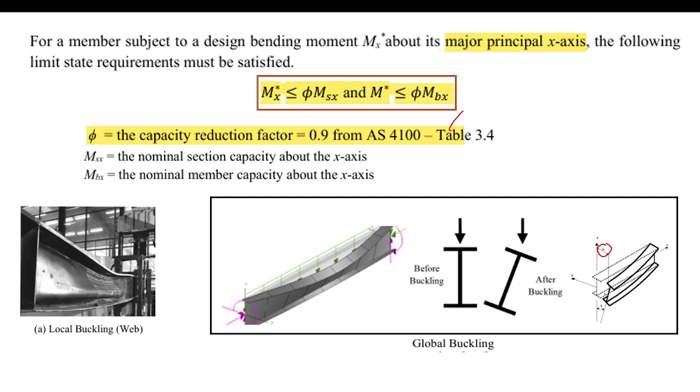The translation and the rotational movement happen simultaneously, and this is attributed to global buckling. When the local buckling happens, it is termed as the section capacity. When it is attributed to global buckling, we need to find out the member capacity.